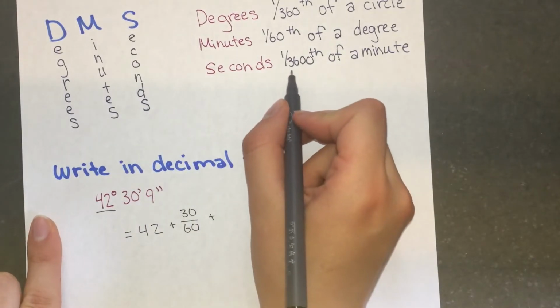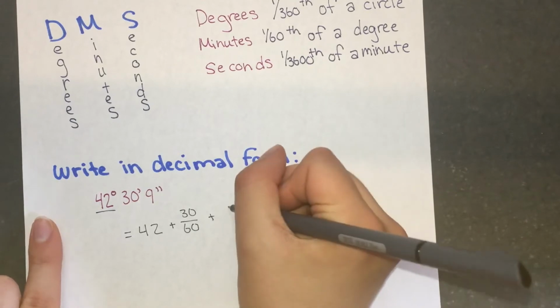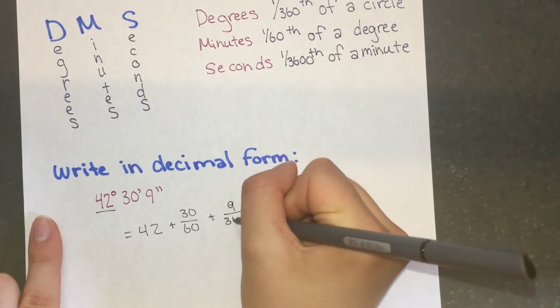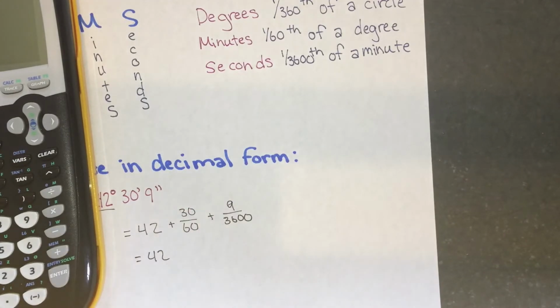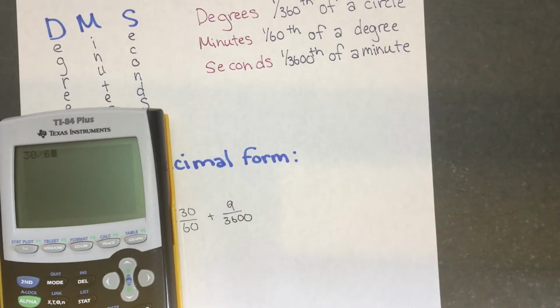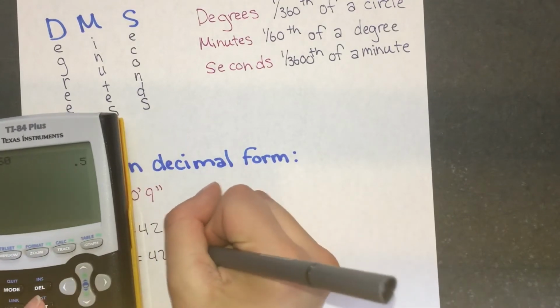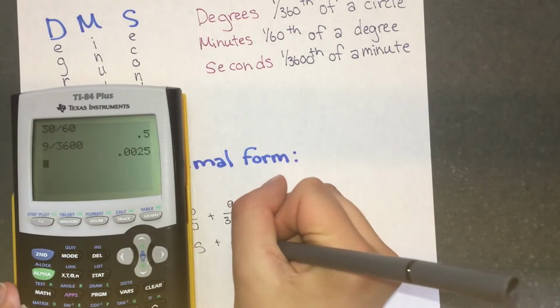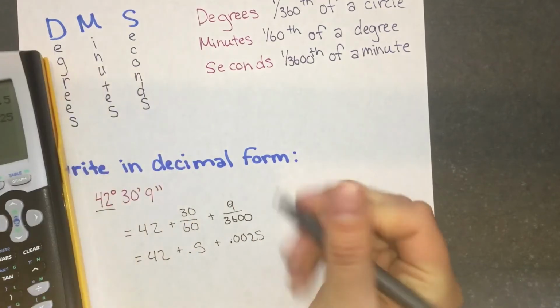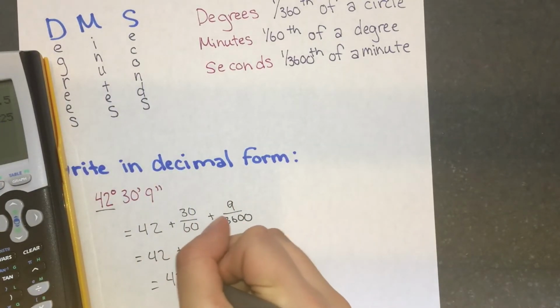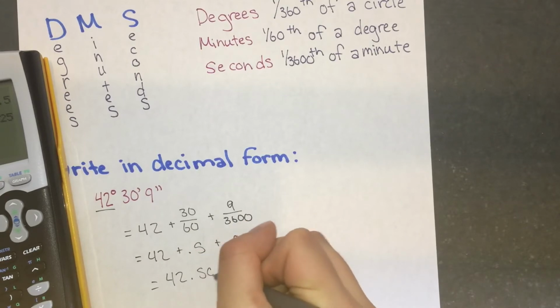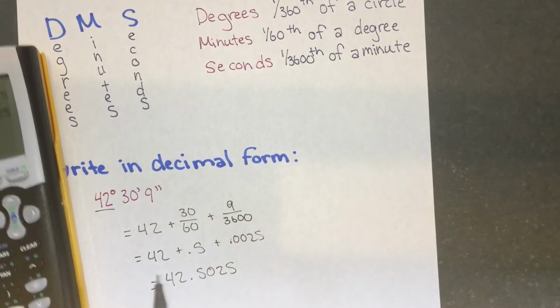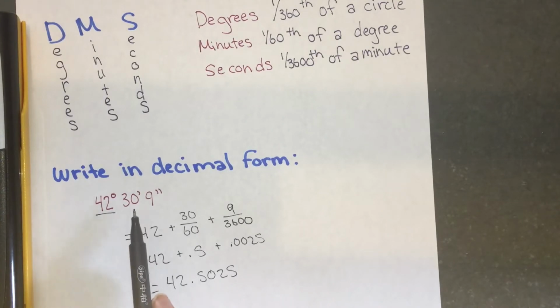Seconds are 1/3600th of a minute, so it would be 9 divided by 3,600. So it equals 42 plus 30 divided by 60 is 0.5, and 9 divided by 3,600 equals 0.0025. So all you need to do is add it all together. So that equals 42.5025. And that's how you get 42 degrees, 30 minutes, and 9 seconds into decimal form.